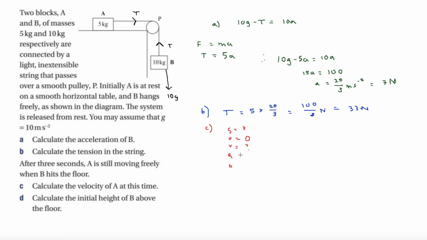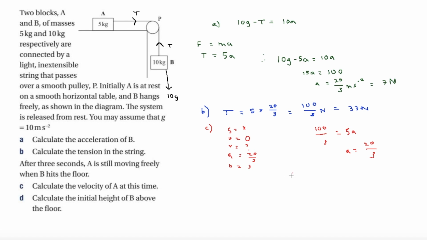For A, if you do tension there, tension we have as 100 over 3. So we've got 100 over 3 is equal to 5A. So then A is going to be equal to 20 over 3. And T is going to be equal to 3.